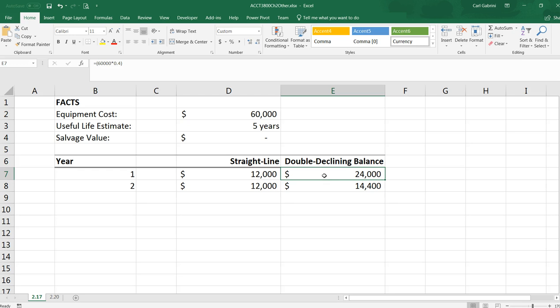Under the double declining balance method, the amount of depreciation expense will continue to fall below the straight line method all the way down to whatever the salvage value happens to be.